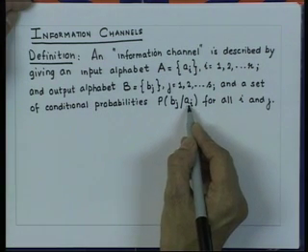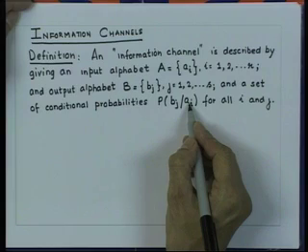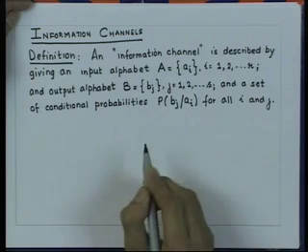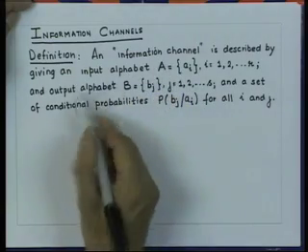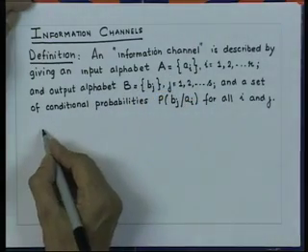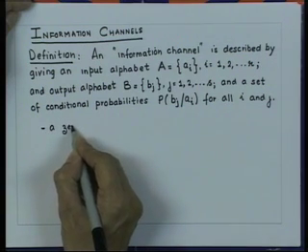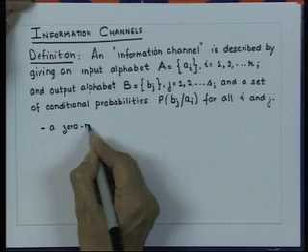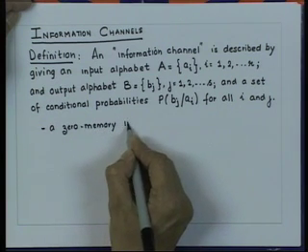Probability of B_j given A_i is just the probability that the output symbol B_j will be received if the input symbol A_i is sent. The channel defined as given here is sometimes called zero memory information channel.